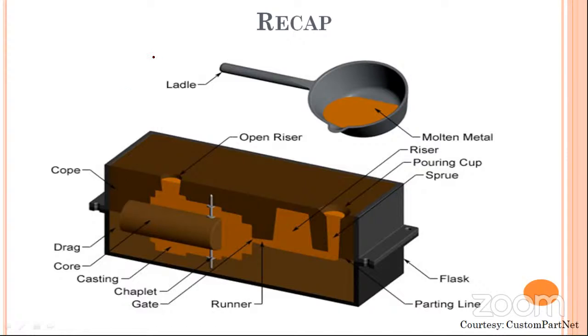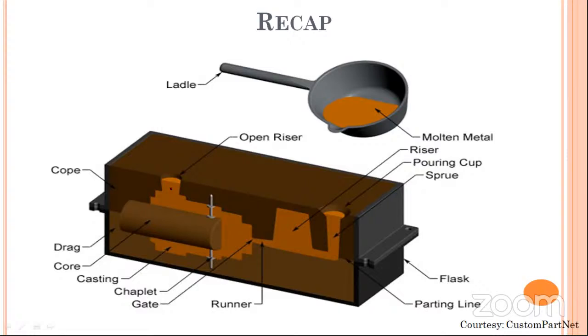Yes, somebody can answer. Think over it. We'll discuss the answer in the next class. Have a thought about it: the molten metal in the runner, which enters through the ingate, is getting solidified, and it is almost in the middle of your mold, whereas the molten metal which is exposed to the open atmosphere is not getting solidified.